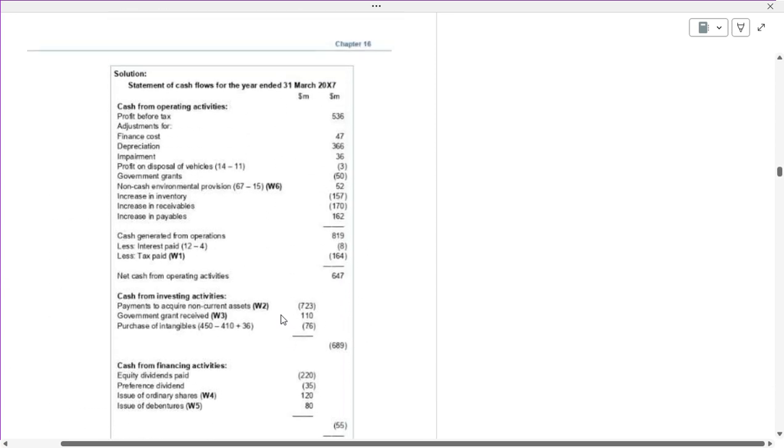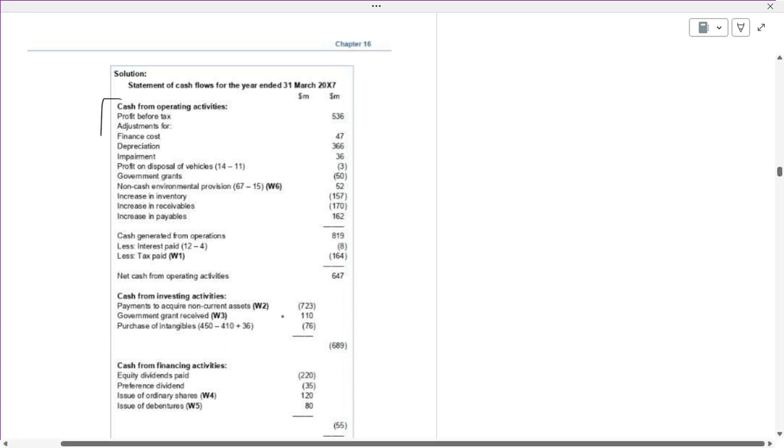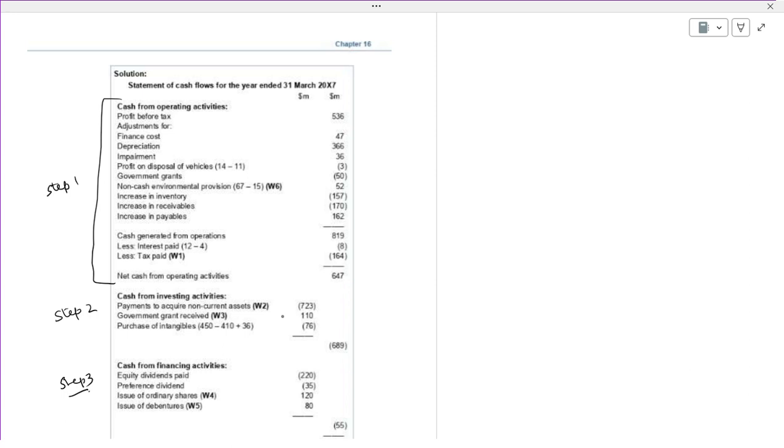They have done the same thing, the cash from operating activities format. You have to make sure how we are doing this. This is step 1, this is step 2, and this is step 3.